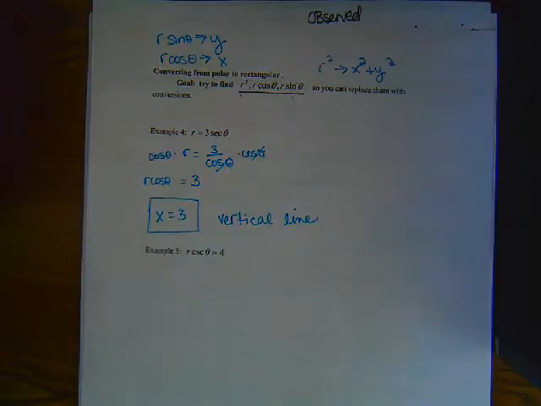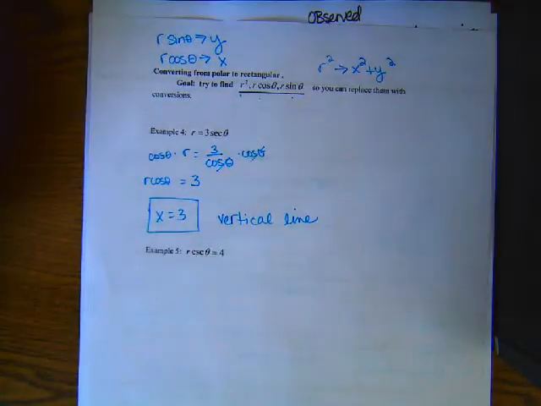Then let's take a look at the next one, r equals 4 cosecant of theta, because this is a little bit different. This is not example 1 or example 2.